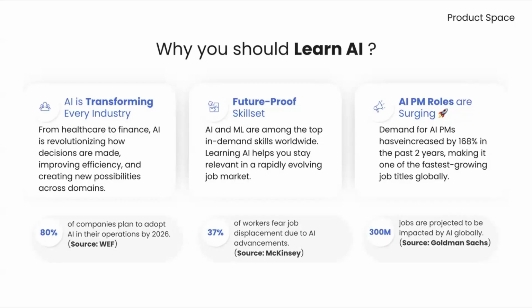And not only from an industry perspective, because everyone has to align with where the industry is going, but beyond it, one has to understand that if you don't align yourself with where the industry is going, there's definitely not going to be a fit between what the company is looking for and what you have to offer. Now, coming back to the second point that I mentioned on the slide, which is future-proof skill set.